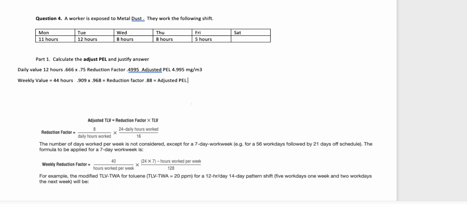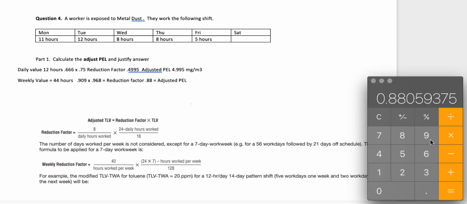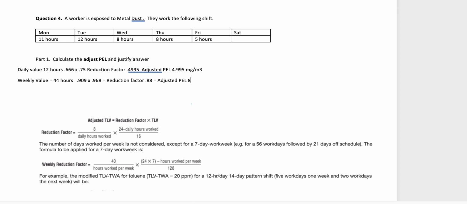And my adjusted PEL for the weekly factor, 4.8.